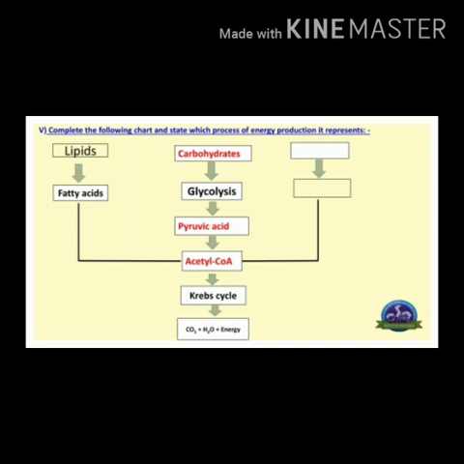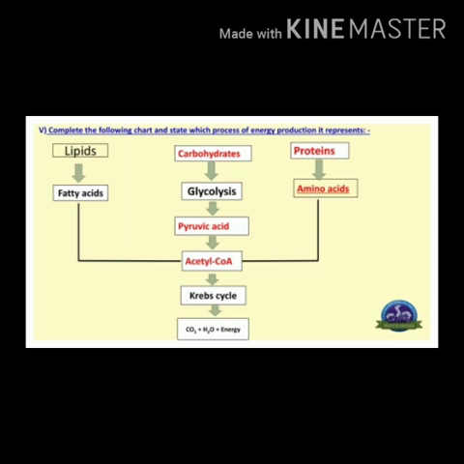Students, we also have studied if carbohydrate is not present in our body, then proteins from our body is used to produce energy. So write down proteins. These proteins is converted into amino acids. Write down amino acids in next box.